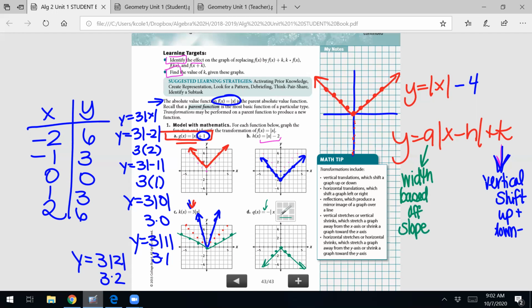And then put a star and say if negative, the graph reflects.